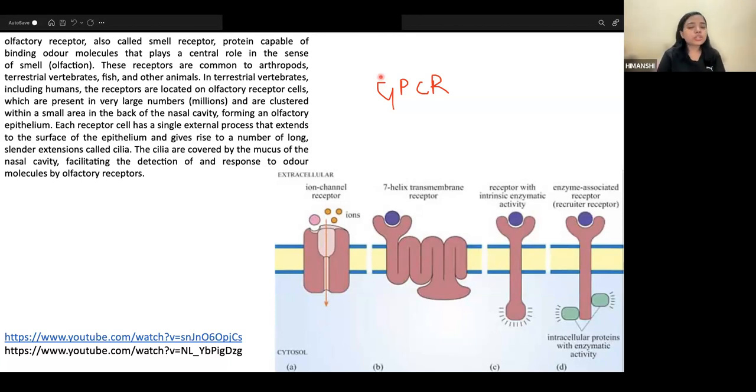Because we mostly rely on our vision system, so our other systems are not that developed in comparison to other organisms. That is why when we say that the olfactory system is one of the systems through which animals survive, this statement is not true for us, because we depend mostly on our visual system for making judgments, for sensing a risk, or for judging a situation, how we should react and how we should act. We majorly depend upon the visual system and not on the olfactory system.